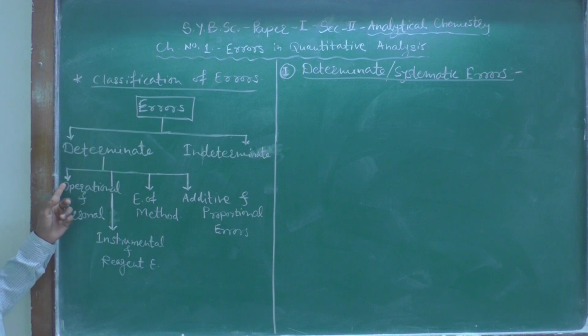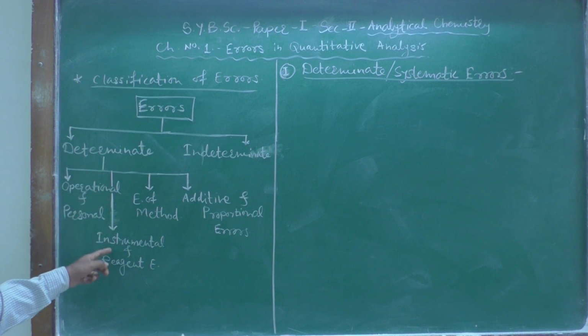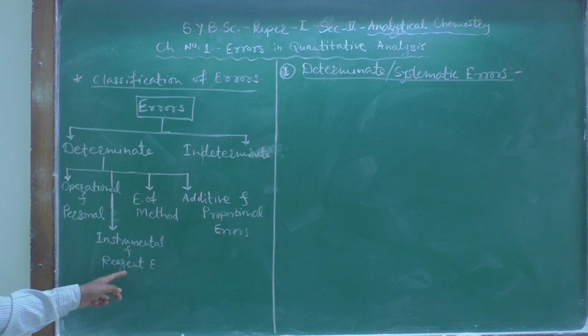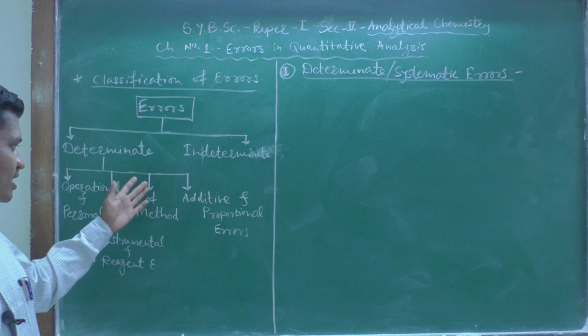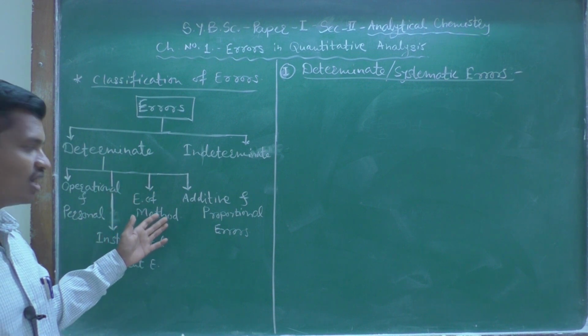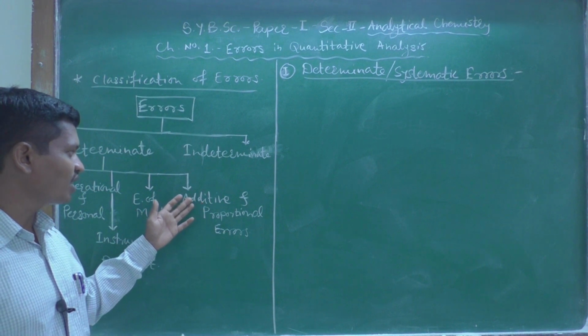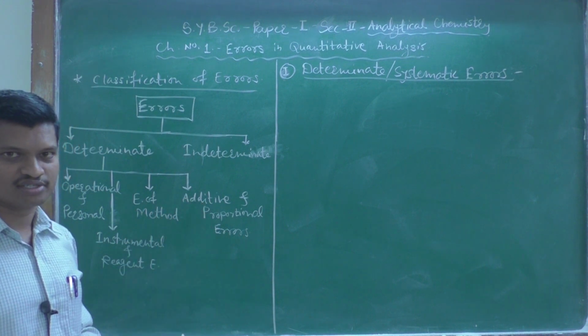The first one is operational and personal errors. Second is instrument and reagent errors. Third is errors of method, and the last one is additive and proportional errors.